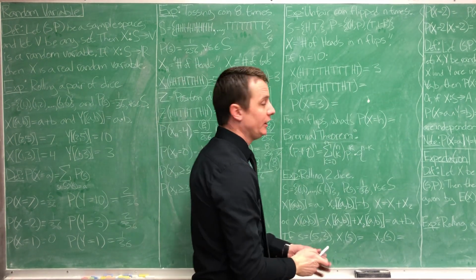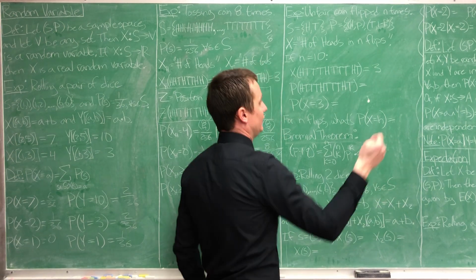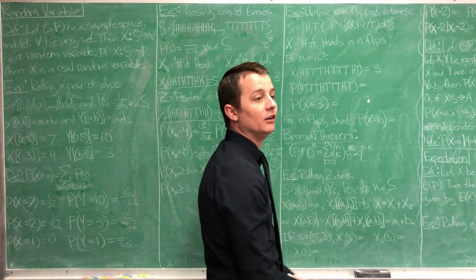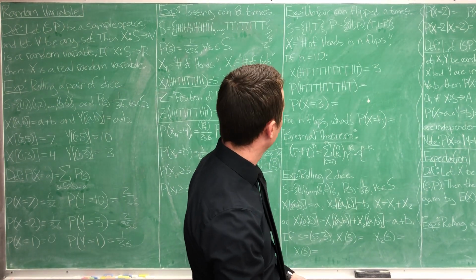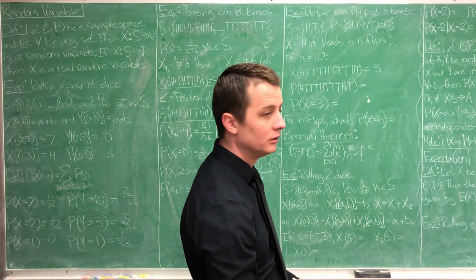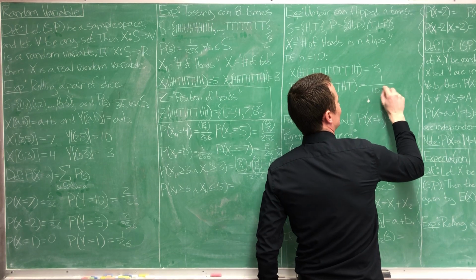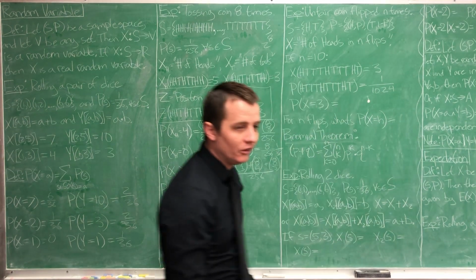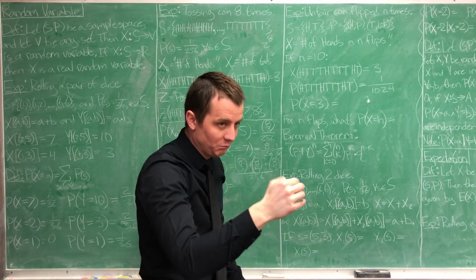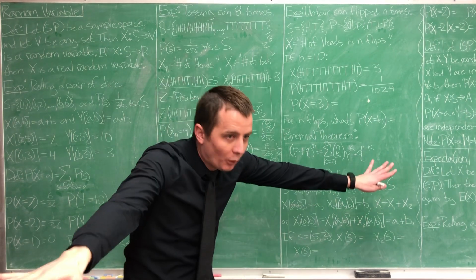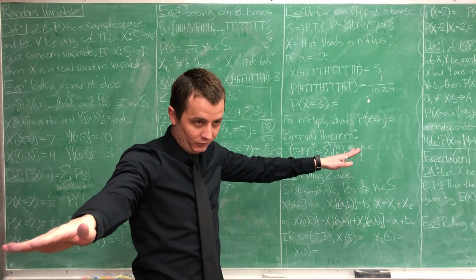Okay. Now, what is the probability of that particular flip? I flipped exactly heads, and then tails, and then tails, and then tails, and then heads. 1 over 1,024. If I flip the coin 10 times, there's 1,024 different possible outcomes.